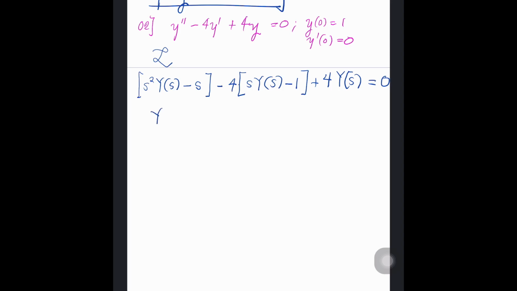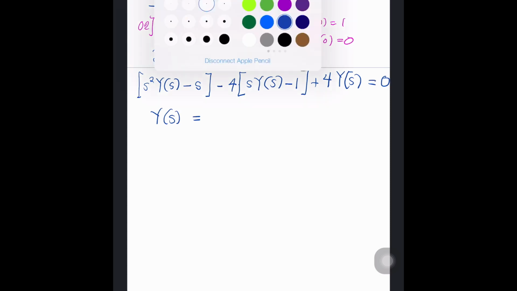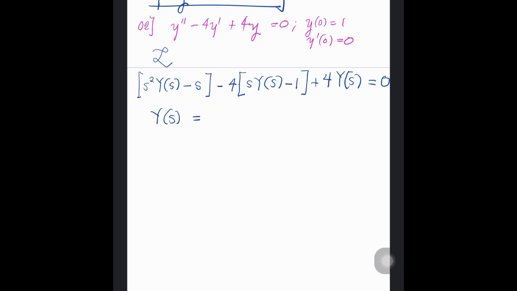So retaining y of s at the left side, all non-y of s terms are to be transposed to the right side. What are the terms to be transposed? s, positive 4, and that's it.